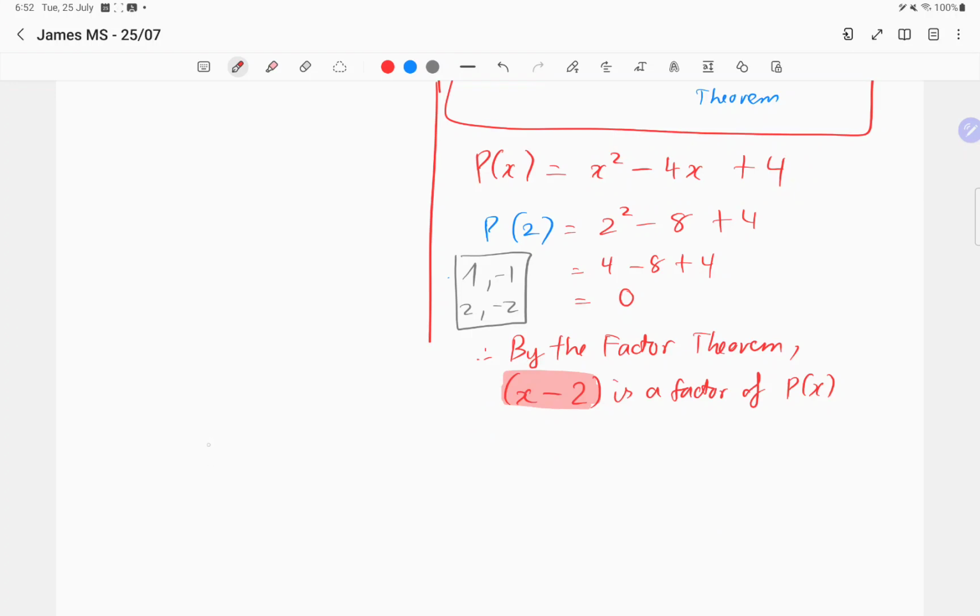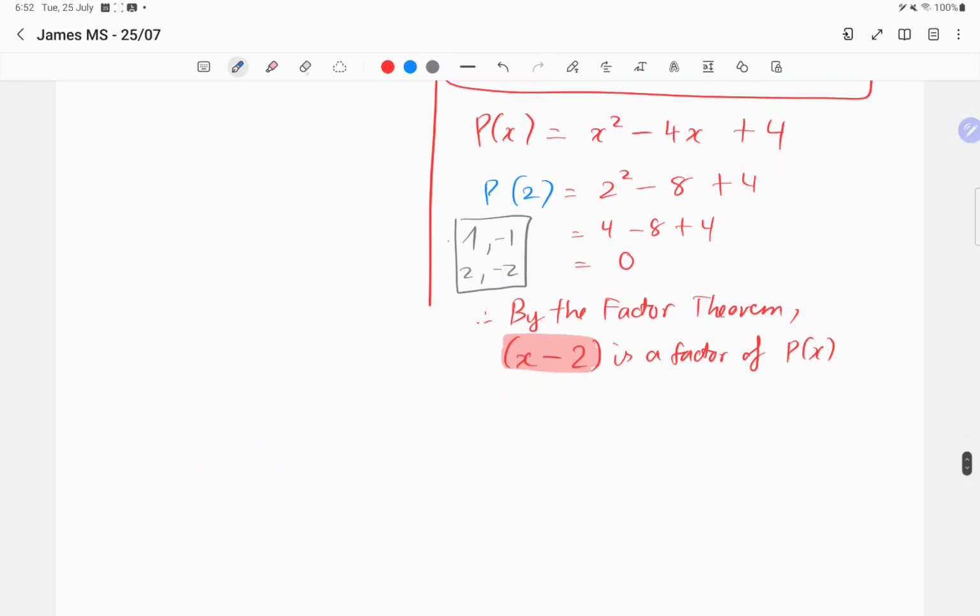It's like saying 2 is a factor of 98, for example. So you would go 98 divided by 2 to find the other factor, which is going to be 49. So then you can write 98 as 2 times 49, a product of two factors. This is the same idea with the polynomial here.